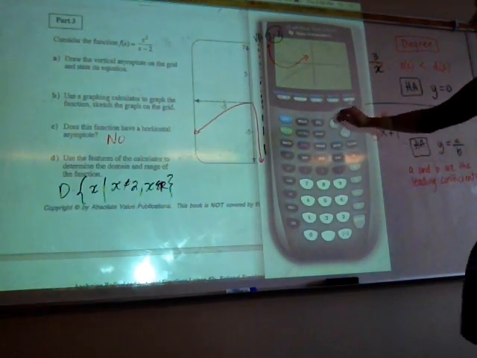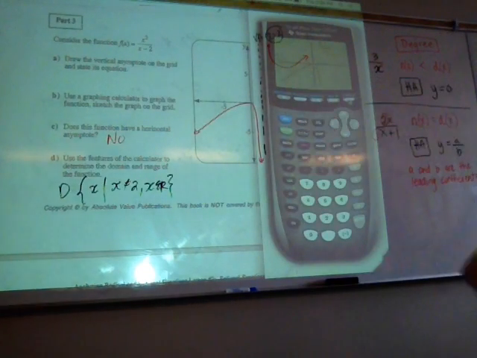Okay, let's start by calculating the maximum. You're going to go second trace, number 4. My cursor is here, so I'll go left bound to that point, enter. Right bound to that point, enter, and then guess, enter.